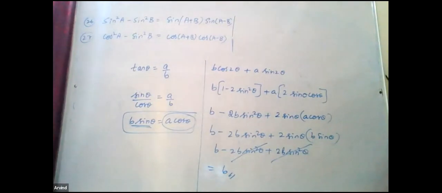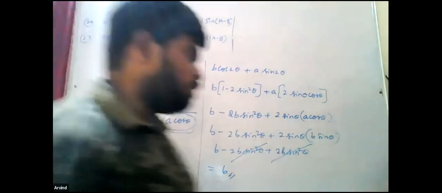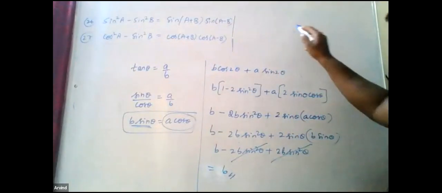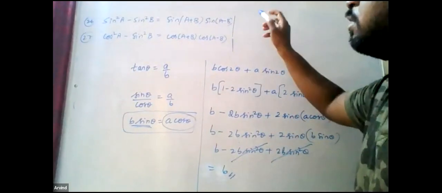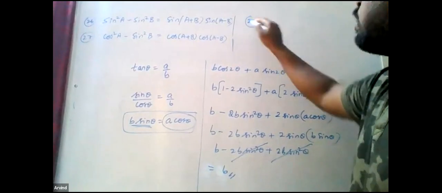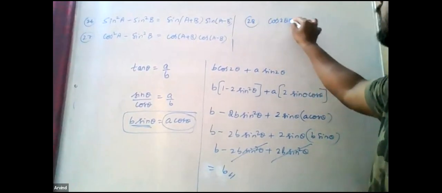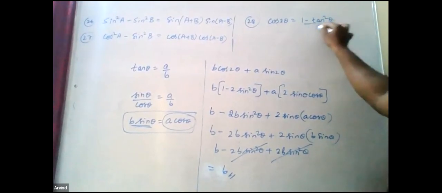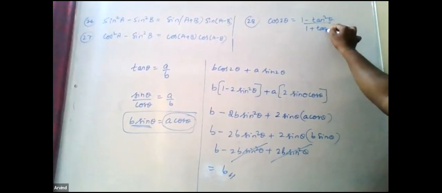Okay. If not, you can do it this way by the long method, writing cos 2 theta in terms of tan too. You take it as a formula itself. We'll be using somewhere cos 2 theta in terms of tan: 1 minus tan square theta by 1 plus tan square theta.